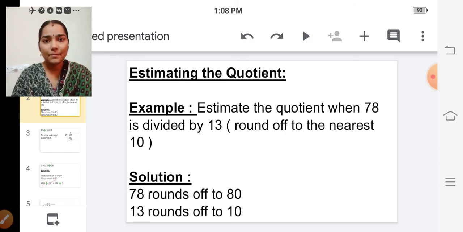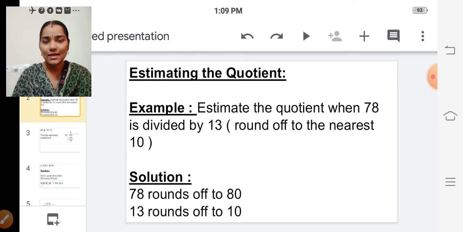So in the first step we are going to round off the given numbers, that is 78 and 13, to the nearest 10. 78 can be rounded off to 80, because 78 is greater than 75. 13 rounds off to 10, because 13 is less than 15.